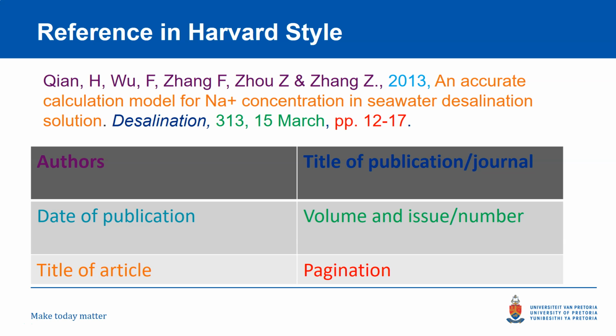And you might find that in all 12 volumes, there is a page 12 inside it because it's a different issue number. So you make it easy for yourself and for the other person as well to be able to locate the specific reference or the specific article within a journal.